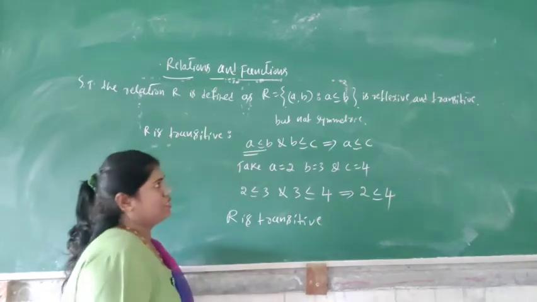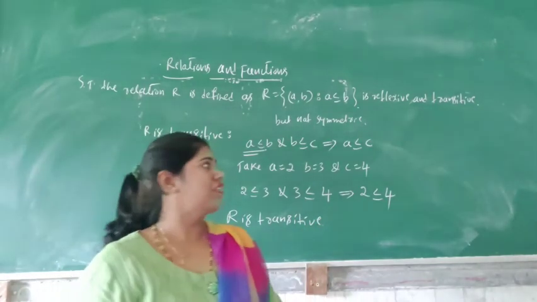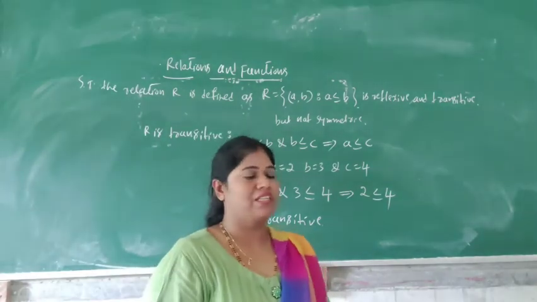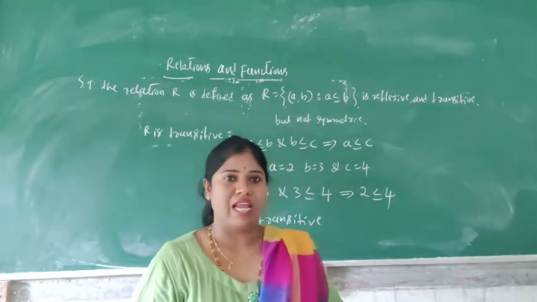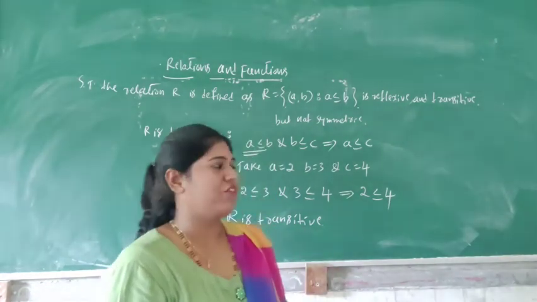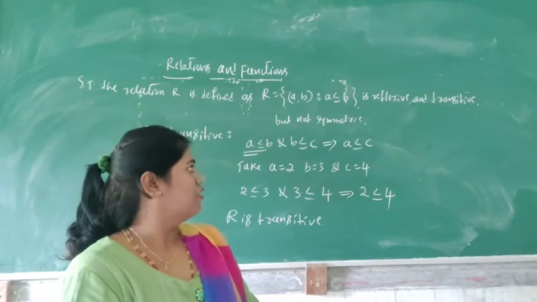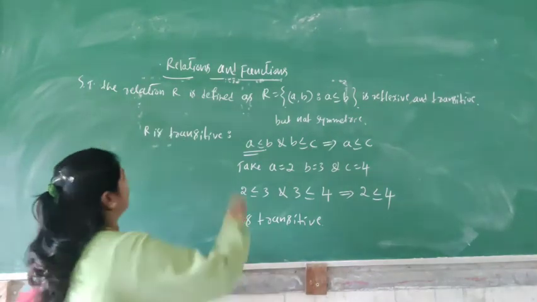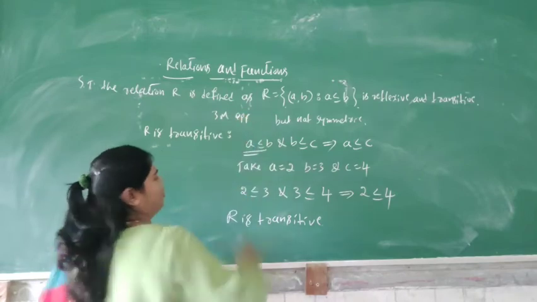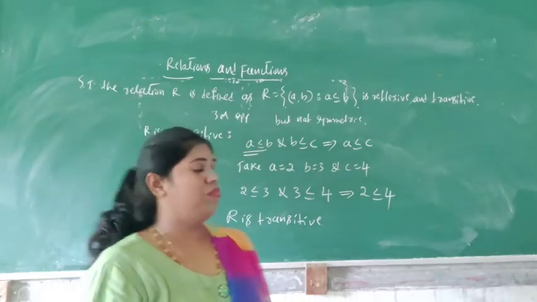Here only the symmetric property is not satisfied. It is satisfying reflexive and transitive, but symmetric is not going to be satisfied. This one is also important, a 3 marks question. These are all 3 marks problems.